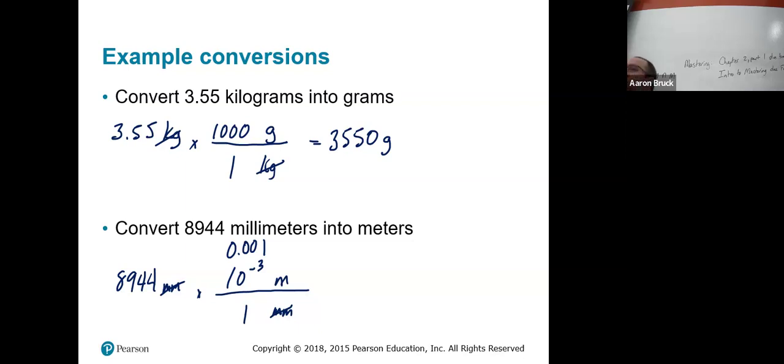Because those prefixes are all relative to the base. So if I do that, move the decimal 3 places to the left because this is a -3, I get 8.944 meters.